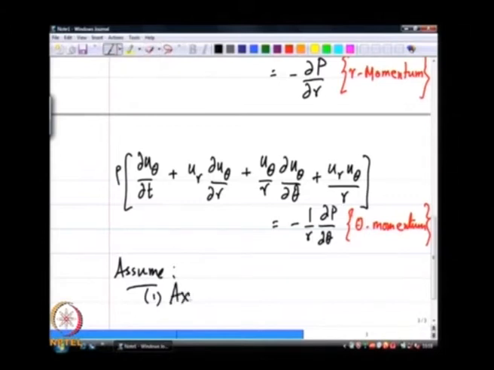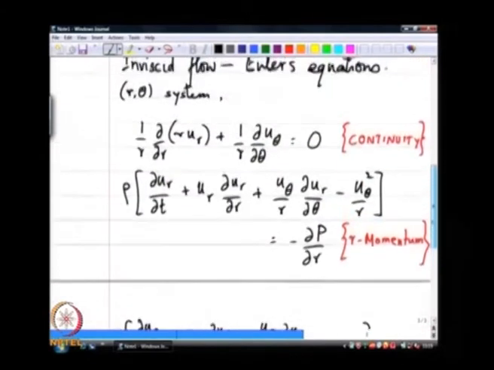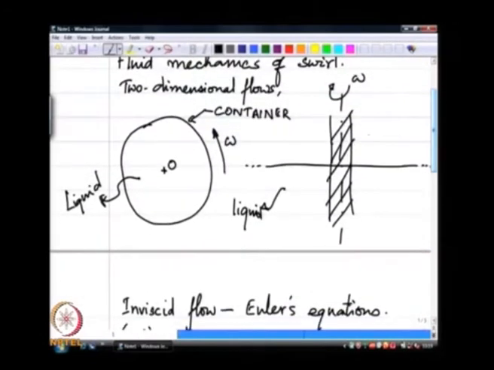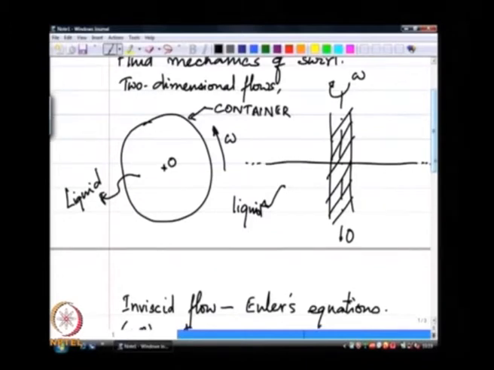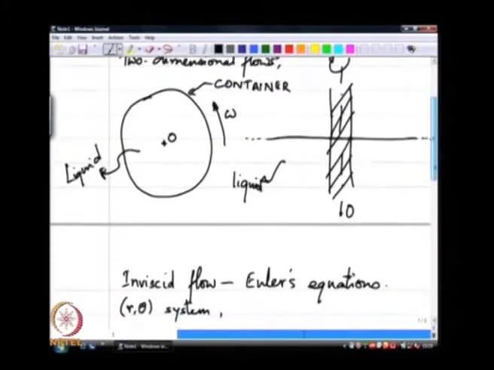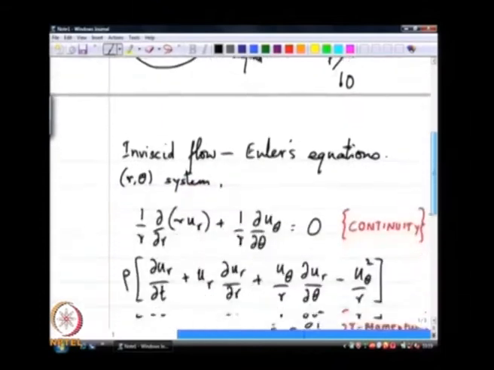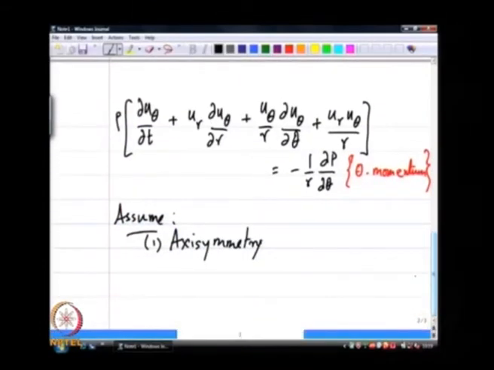If I assume axis symmetry, now the two kinds of flows I am interested in are these. So, in both these instances, like in the first instance O is the axis, the second instance this happens to be O, and the axis passes through O perpendicular to the plane, pointing along the direction of the angular velocity vector in both these instances. Now, so if I assume axis symmetry, what do I have?